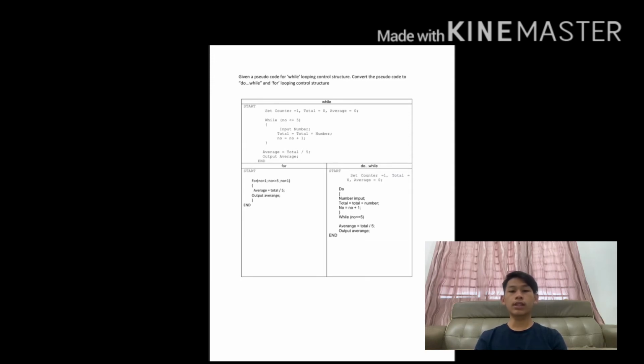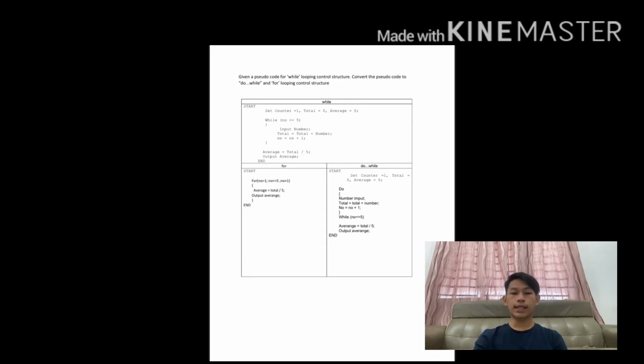Average equal total divide 5. Output average. For for, start, for number equal 1, number less or equal 5, number plus 1, average equal total divide 5. Output average.